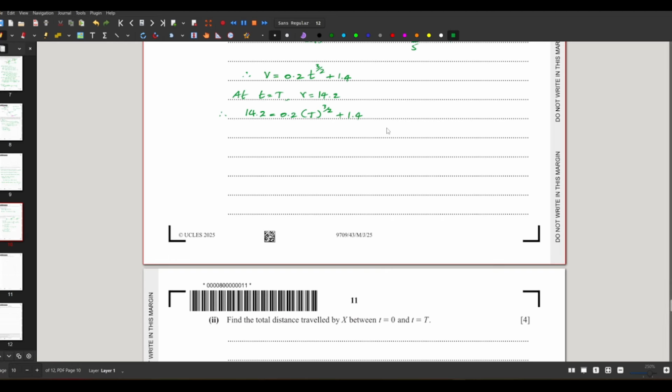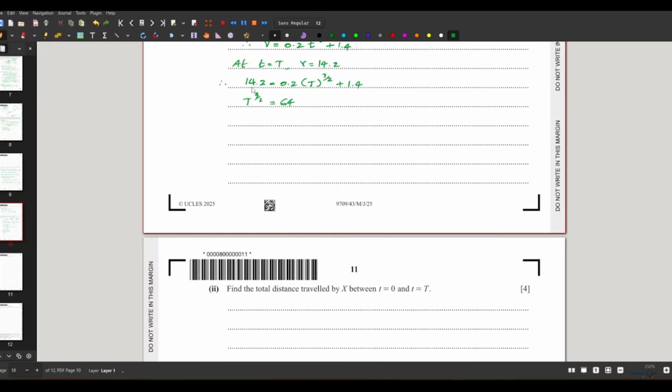Okay, so if I make T to the power 3 over 2 the subject, then I should bring 14.2 minus 1.4 and divide by 0.2. Then you will receive 64. And then here 3 over 2 or half. Half means the square root. So you can take the square of both sides to remove the half.